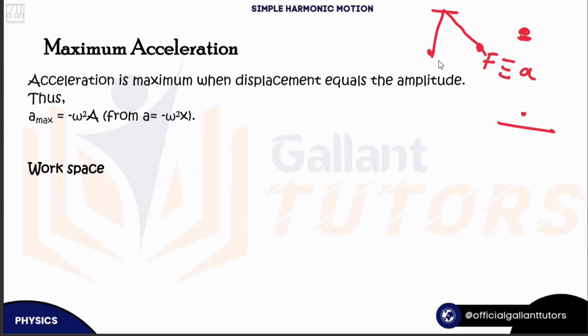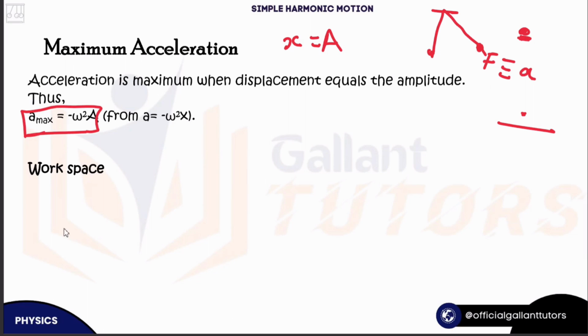Is that very clear? So maximum acceleration is ascertained when the displacement is equal to the what? Amplitude. Is that very clear? That's how we came about this particular formula.